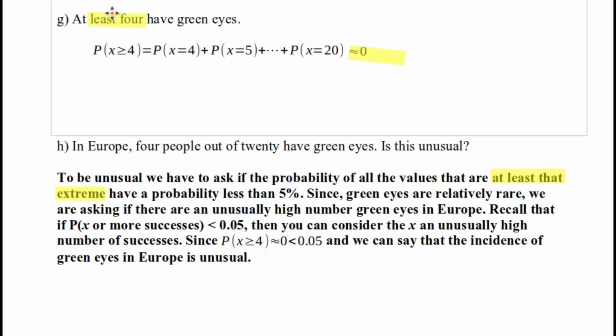And notice that we're comparing this to 4 people out of 20. That's the same as 2 out of 10, which is 20%. Clearly more than the 0% that we would expect to find. So is, in a world population, having at least 4 folks out of the 20 who have green eyes unusual? Absolutely. So would we find that the instance of green eyes in Europe is in fact unusual?